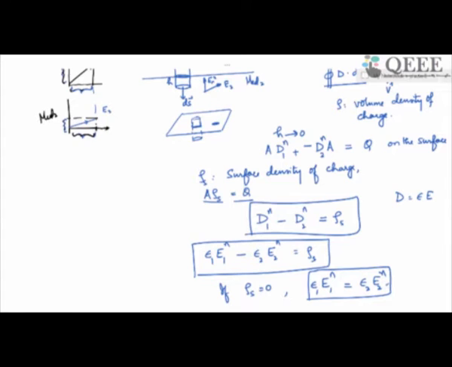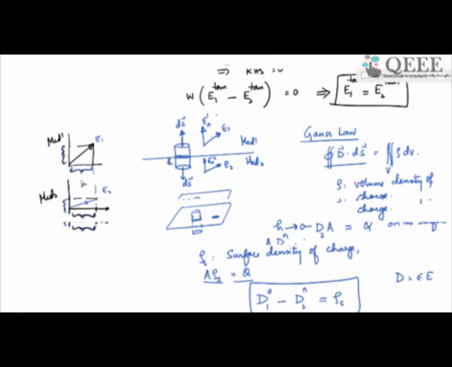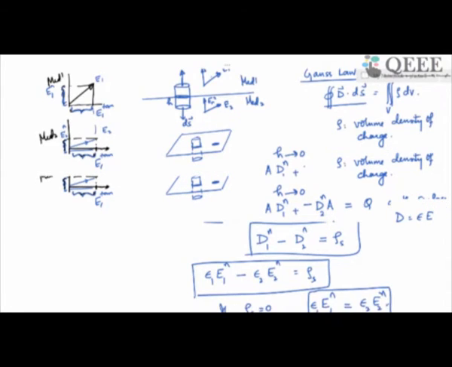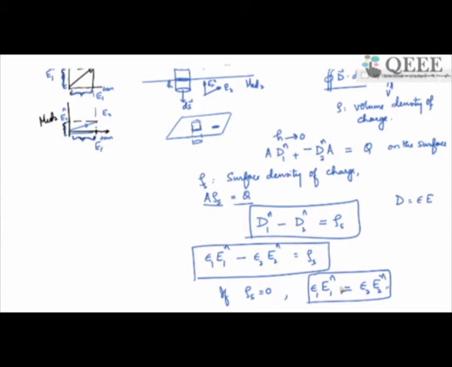As I drew earlier, if E1 tangential is the tangential component and E1 normal is the normal component, then the tangential components are equal, whereas the normal components are unequal by a factor given by epsilon 1 by epsilon 2.